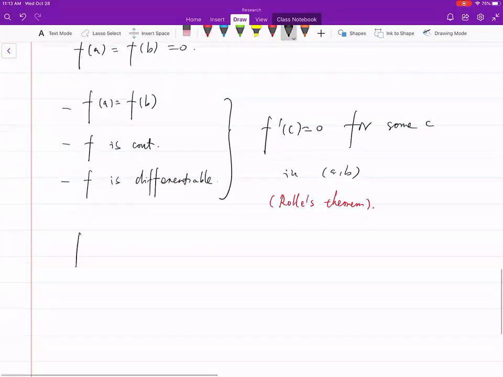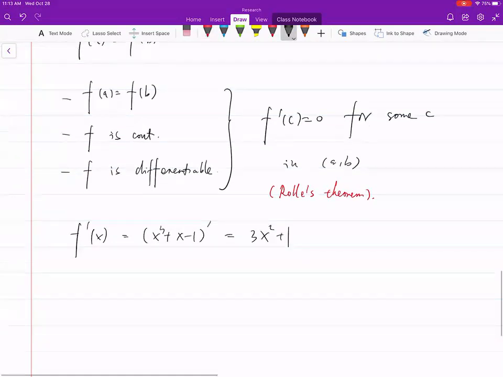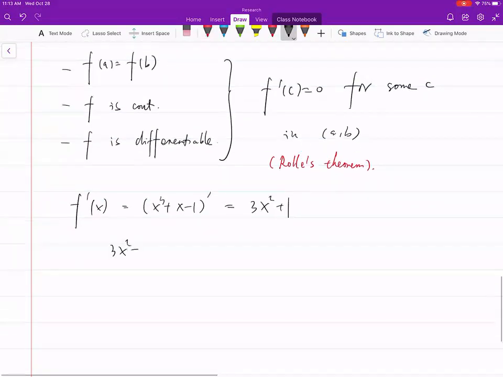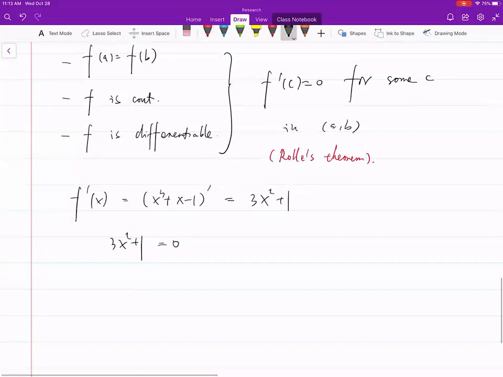But now if you check f prime of x, it equals 3x squared plus 1. That must mean 3x squared plus 1 equals 0, like we said, right? For some c in (a, b), does it happen?